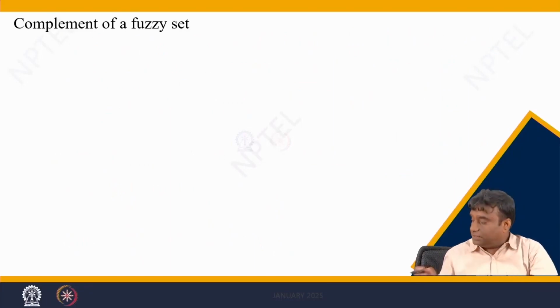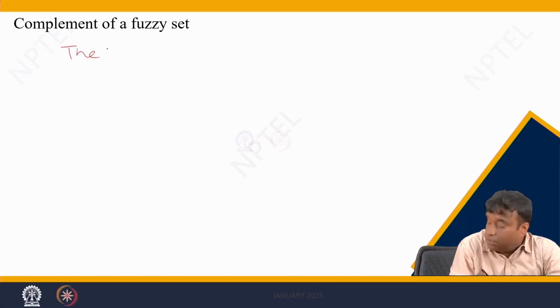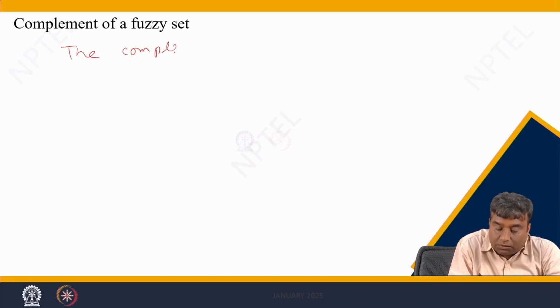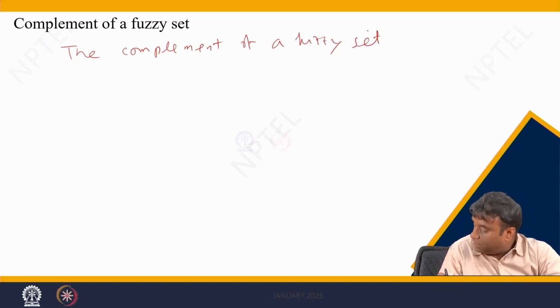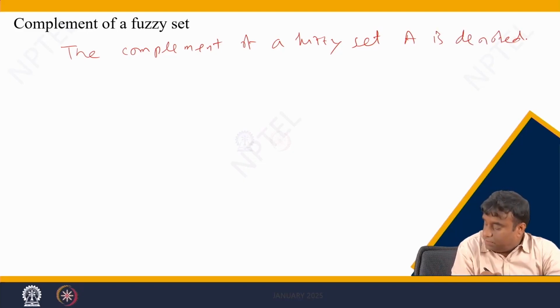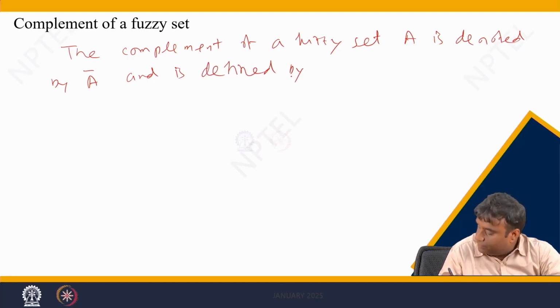Now complement of a fuzzy set. The complement of a fuzzy set A is denoted by A bar and is defined by mu A bar x is equal to 1 minus mu A x.